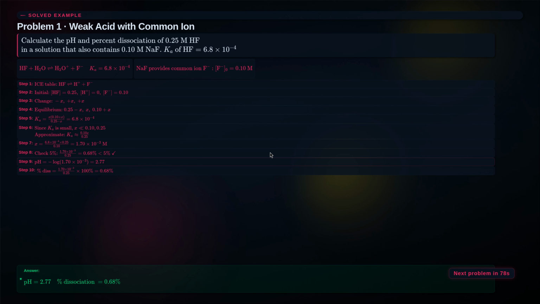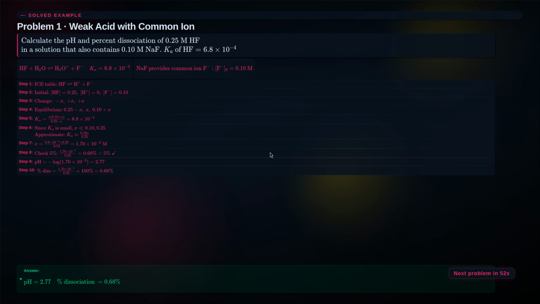Approximate: Ka approximately equals 0.10X divided by 0.25. Step 4. Solve for X. X equals 6.8 times 10 to the negative 4 times 0.25 divided by 0.10, giving 1.70 times 10 to the negative 3 molar.